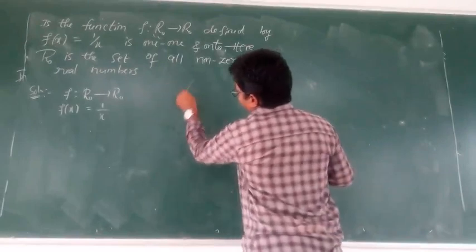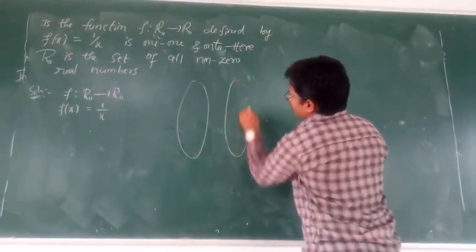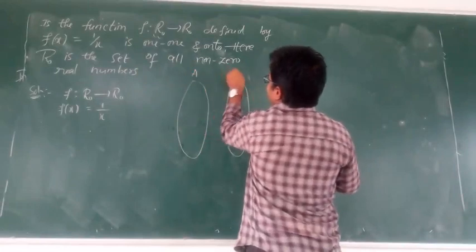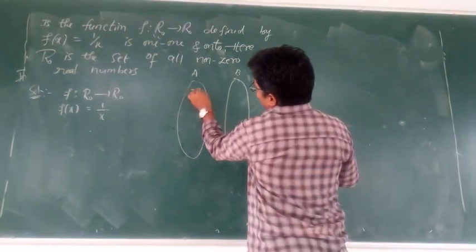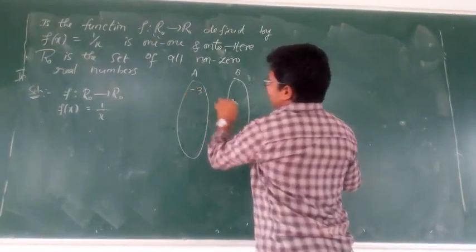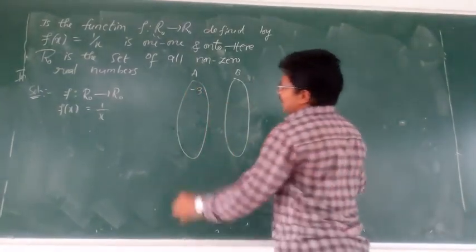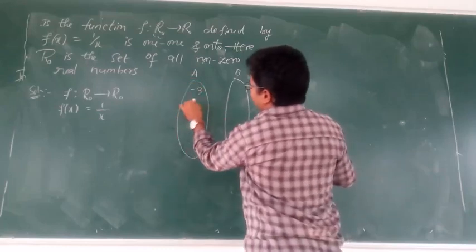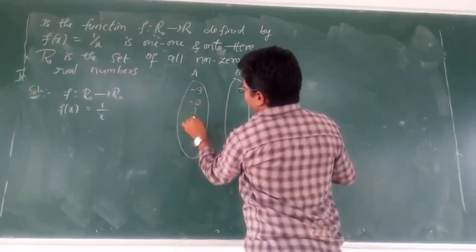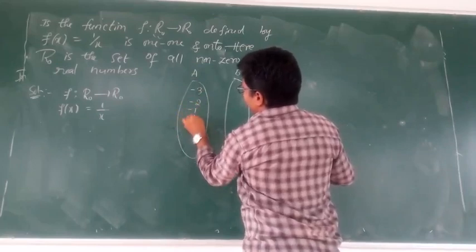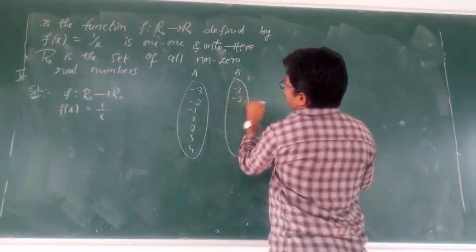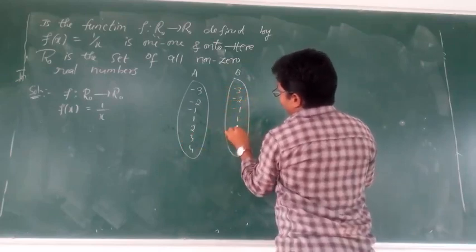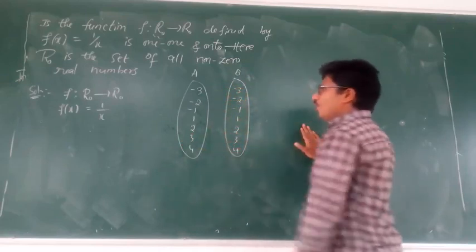Okay. Now before we check that, I will take two sets of real numbers. This is the A set, this is the B set. We will write minus 3, minus 2, minus 1, 1, 2, 3, 4.